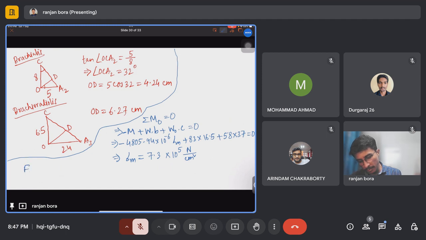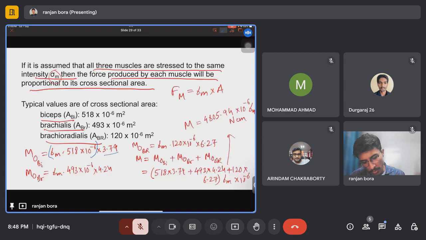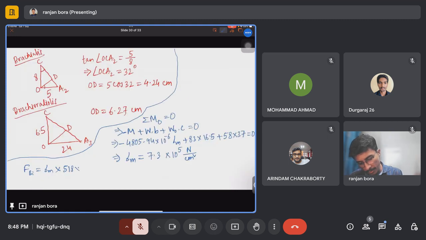F BI is sigma m into 518 into 10 to the minus 6. If we do this, we get 378.1.